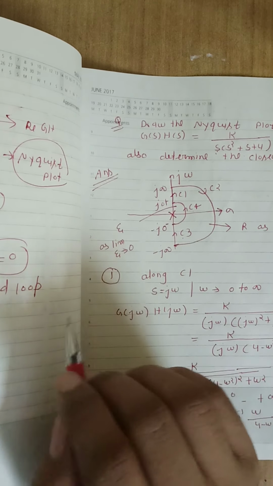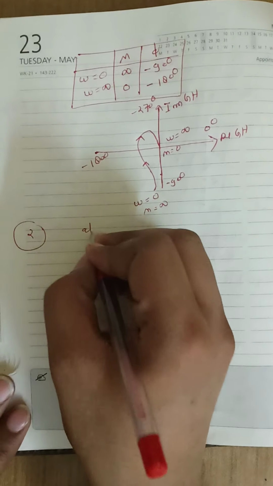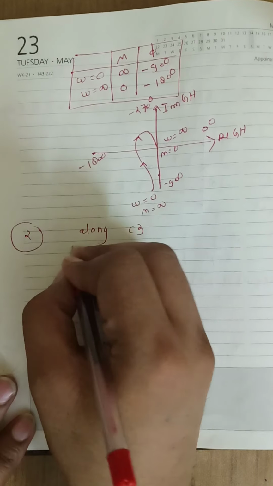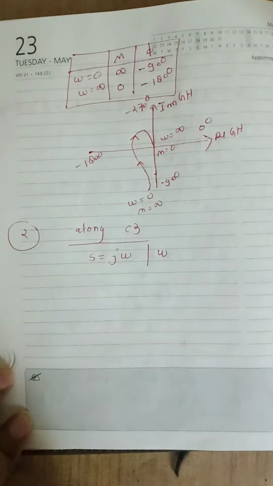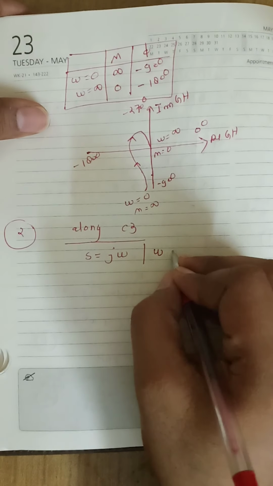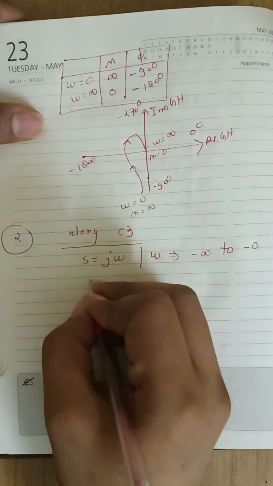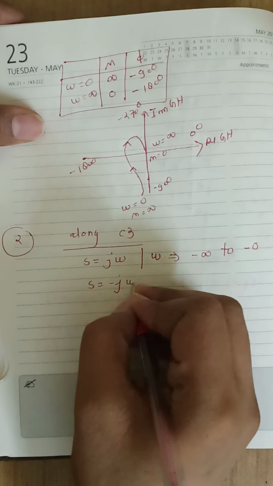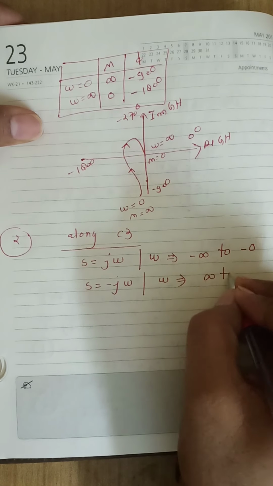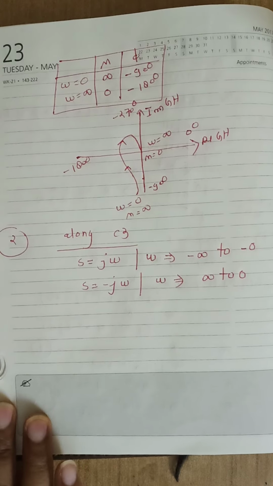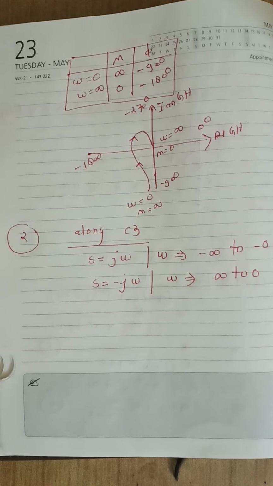So first we will see mapping of section C3. Along section C3 we have S equal to j omega, and we know omega will vary from minus infinity to minus 0, or you can say if we consider S equal to minus j omega, omega will vary from infinity to 0.